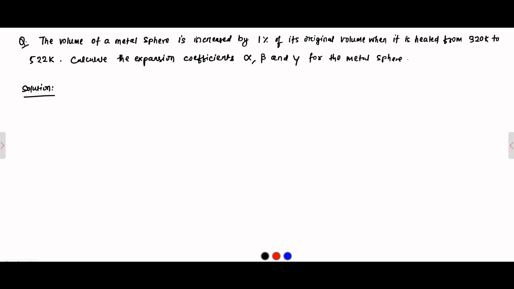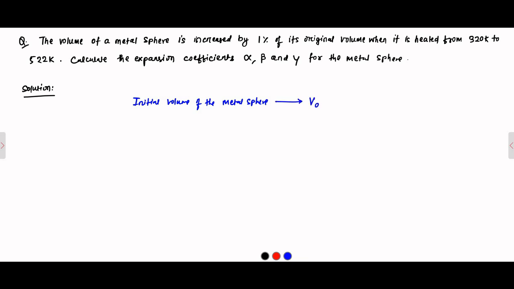So here the question is based on volume. The information which is given is with respect to volume. So let's say the initial volume of the metallic sphere is equal to V0.